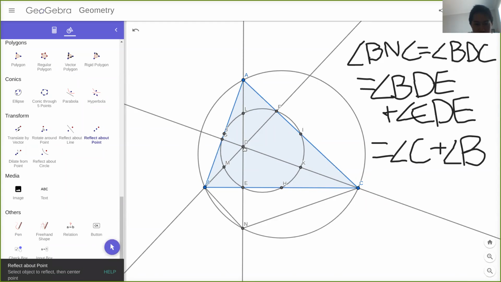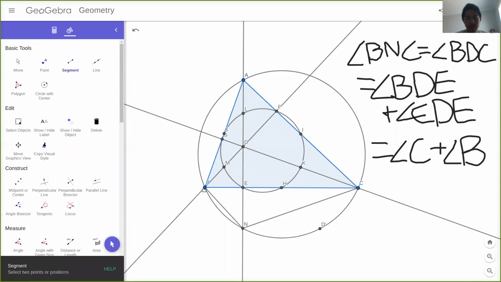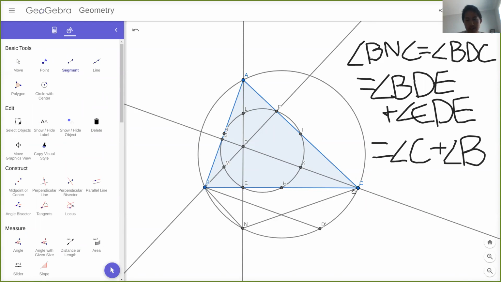So if we reflect D across H, we get this point D prime. And this D prime seems very obviously on this circle, but why is that? The thing is that when we reflect across the midpoint, what we get is the same triangle. DBC is the same as D prime CB.